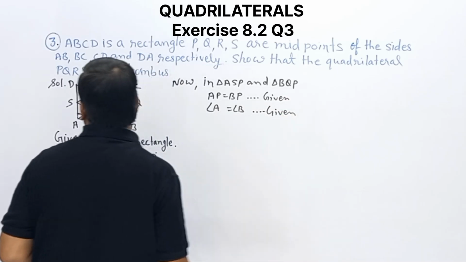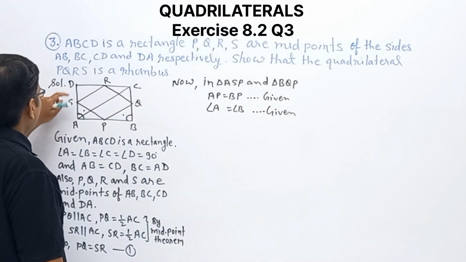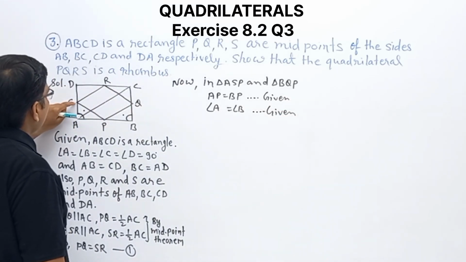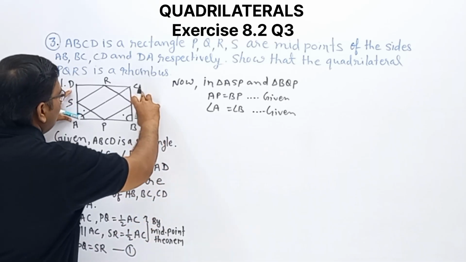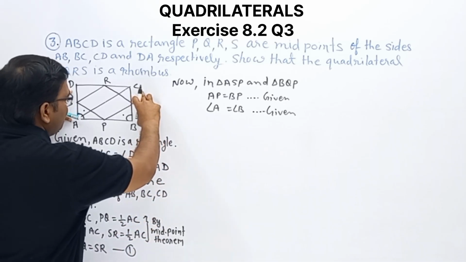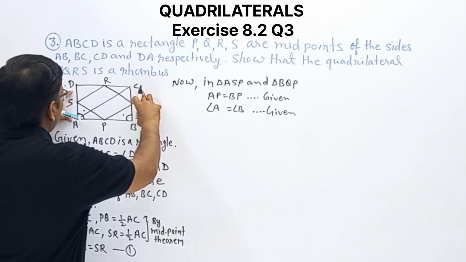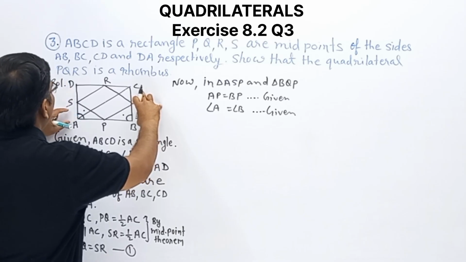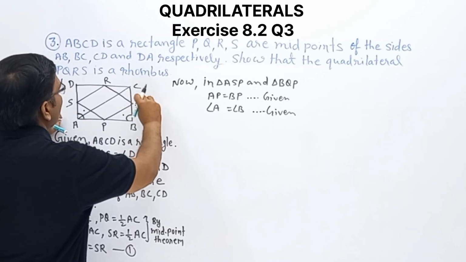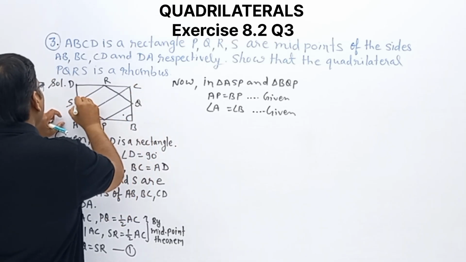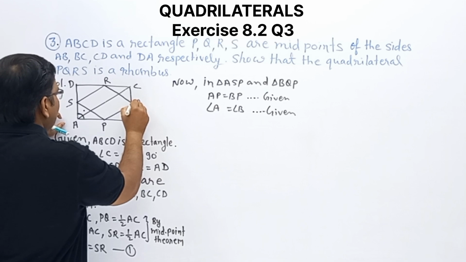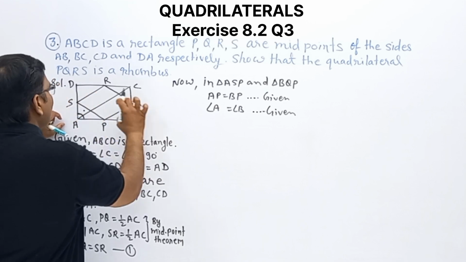Given. Next one. Now, for side AD, S is the midpoint. So AD equal to BC, as opposite sides in a rectangle are equal. AD equal to BC, AS equal to SD, BQ equal to CQ. This one is the midpoint of AD and this one is the midpoint of BC, so we can say this equal to this one.